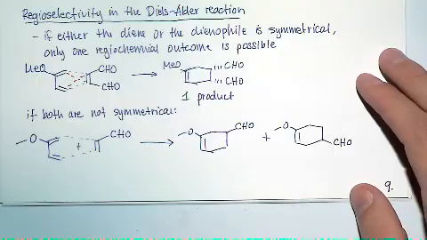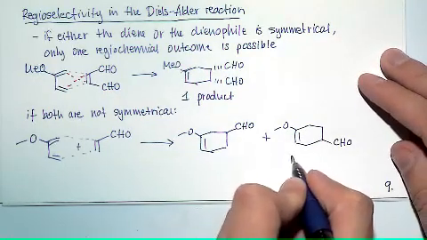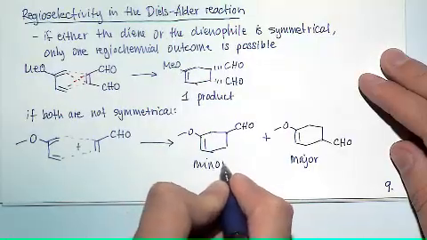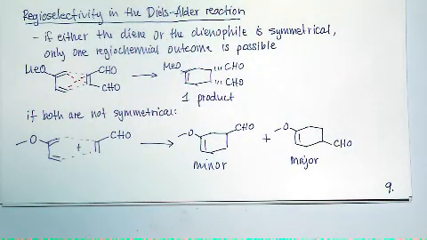So I will just tell you that this is the major product of the reaction, and that's the minor product. I would say right now it's not really clear why that's the case. You would think it probably doesn't matter what position they come together in. The mechanism is the same regardless. But there is a method we can use to figure out which one is going to be the major product.